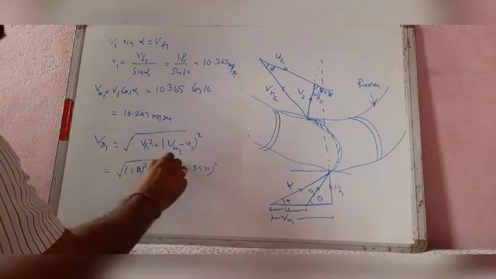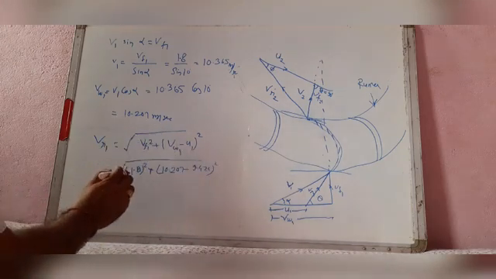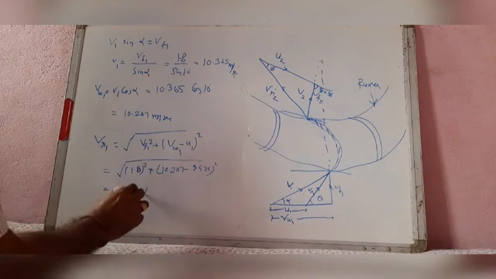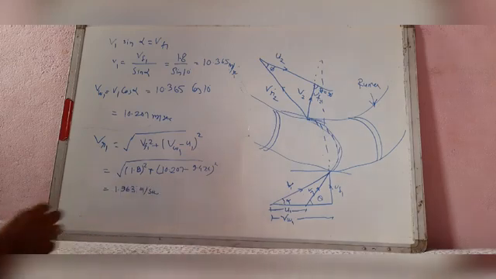U1 we have calculated earlier. So the value of VR1 comes to 1.968 meters per second.